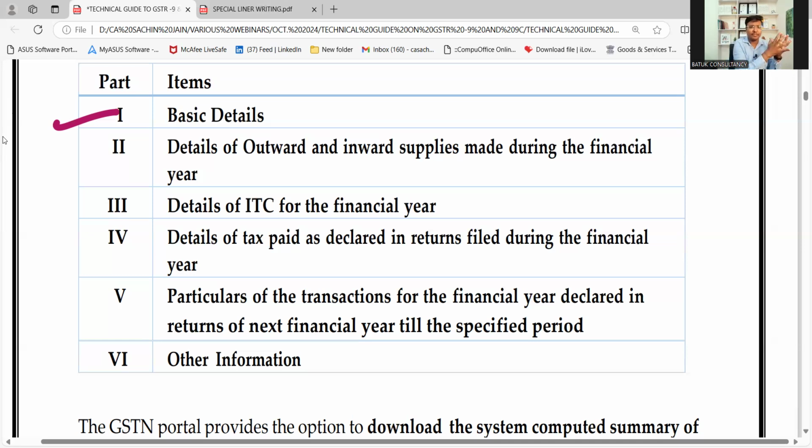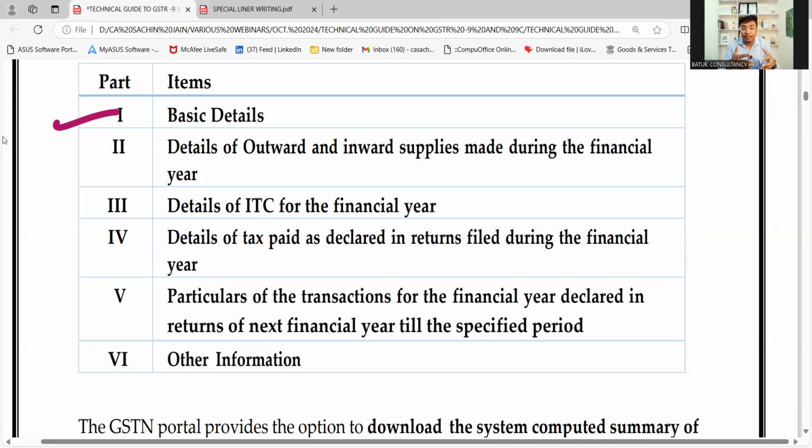But if there is a variation, in that case, as per my suggestion and also as per the advisory issued by the GSTN, your GSTR 9 should be filed on the basis of the GSTR 3B return. Sir, why? Because whatever we learn in this particular video, we'll learn with the logic. Why do we need to reconcile the liability or the input tax credit through the GSTR 3B?